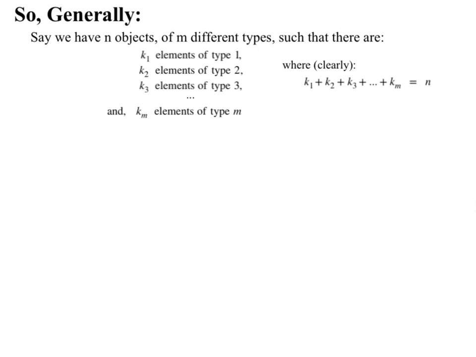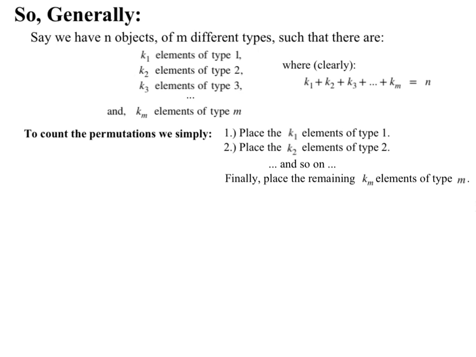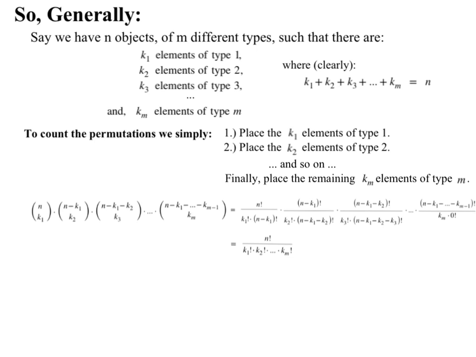If we follow the same technique that we did before, we place the first K1 elements, then we place the K2, until finally we place the remaining Km. Our equation is this. We start off with n elements. We choose the places for the K1, leaving us with n minus K1 places left when we place the elements of K2, and so on.